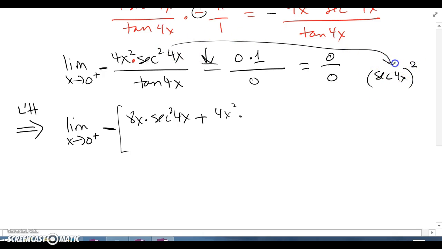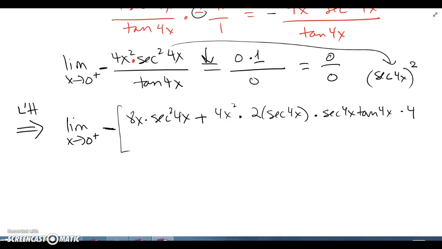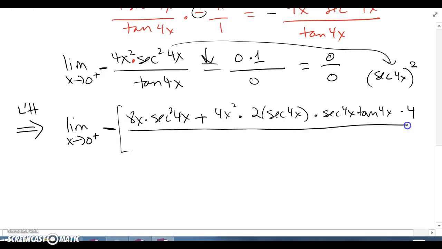So when I differentiate that, I bring down the 2, secant 4x, knock that down to 1, chain rule, do the derivative of the inside. The derivative of the inside is secant 4x tangent 4x, and again, chain rule, that pops out another 4 as well. That all over the derivative of the bottom, which is secant squared of 4x times the derivative of the inside, which is 4. So this looks pretty ugly.